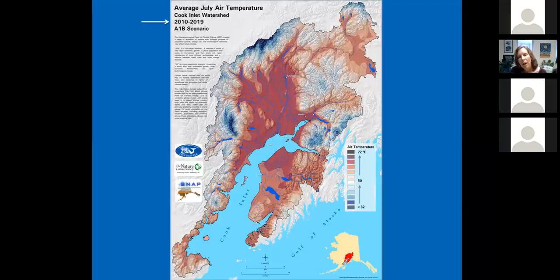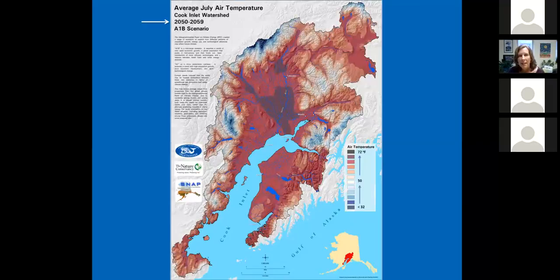But then we go on up to temperatures that are in the 50s and 60s pretty regularly for an average temperature in July.